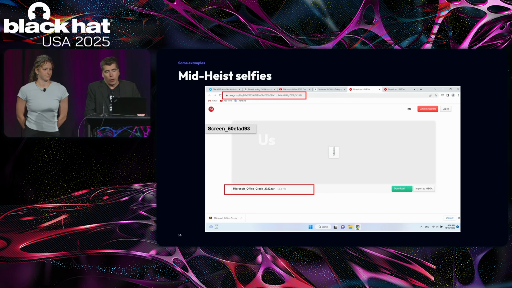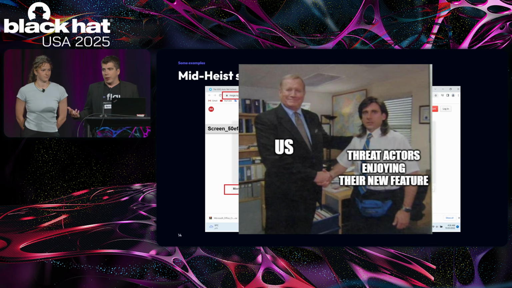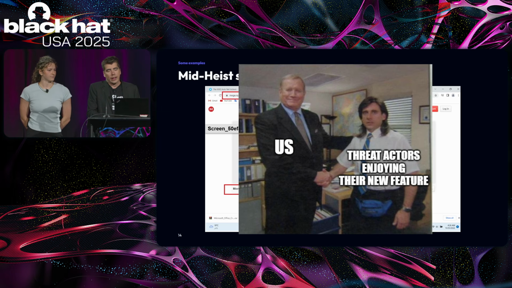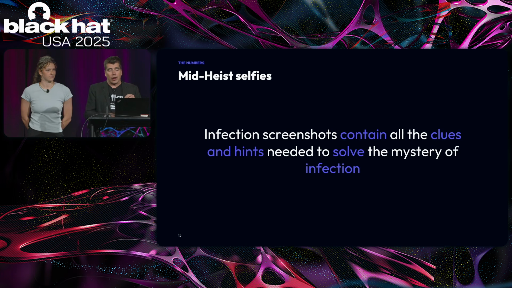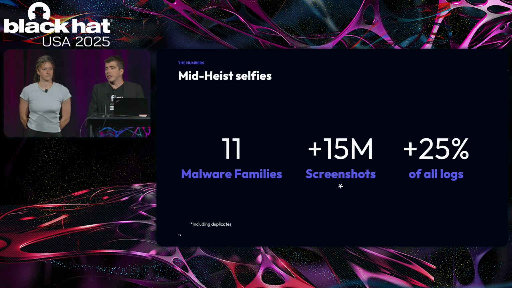And so when we realized that, or when we wanted to apply that at scale, we were like, oh my God, the threat actors are basically giving us something we need in order to protect our customers, or people online. So the screenshot contains all the clues and hints needed to solve the story of what happened for the infection. And we happen to have a ton of them, by being infiltrated in these Telegram and cybercrime groups.